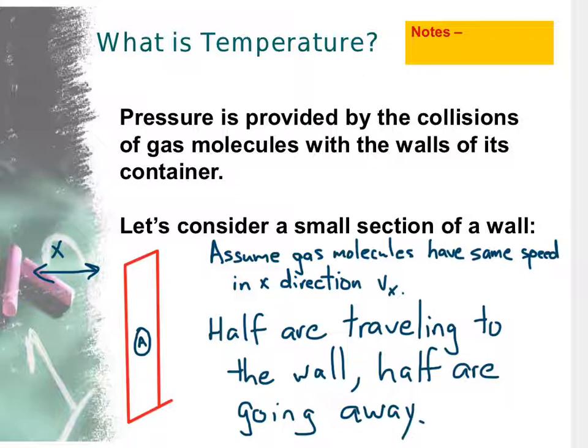And that's a pretty valid assumption, right? If you have gas molecules going in random directions, you could say that half are going toward the wall and half are going away. That seems like a reasonable assumption to make.